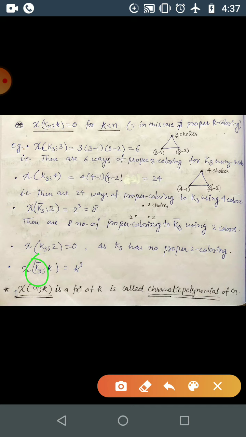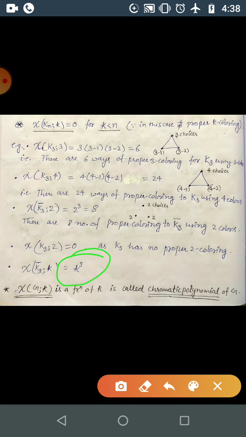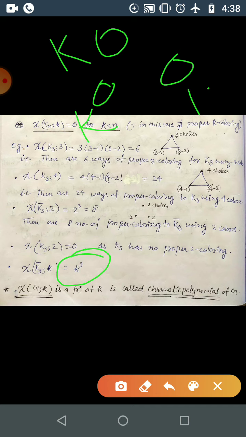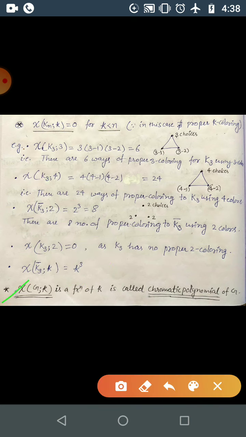It can be done in how many ways? k raised to power 3, that is each of the 3 vertices has k choices, so k into k into k, which is k raised to power 3.